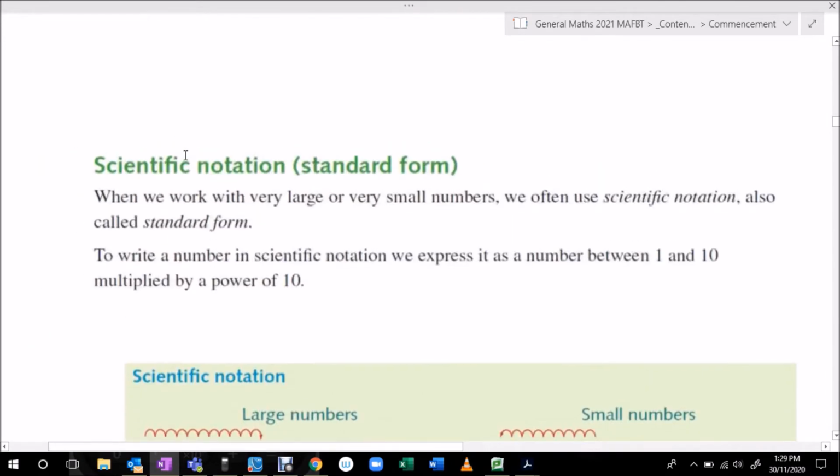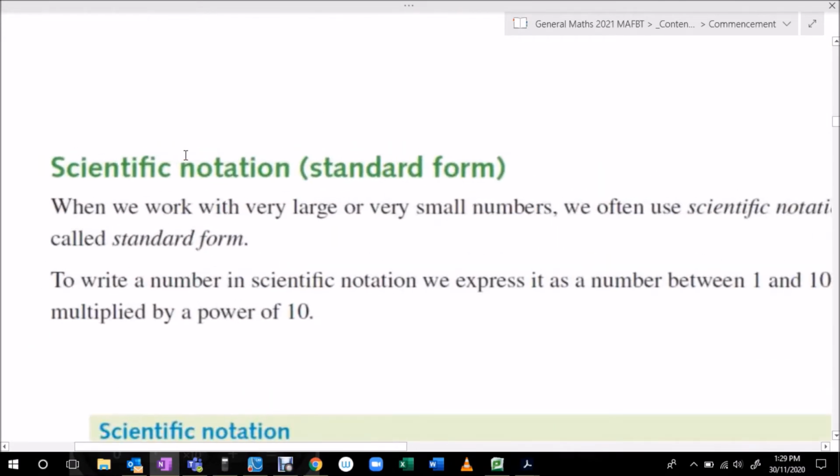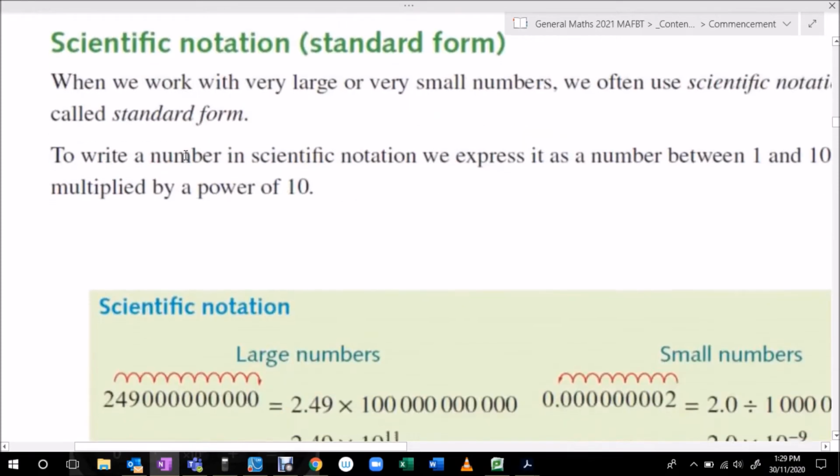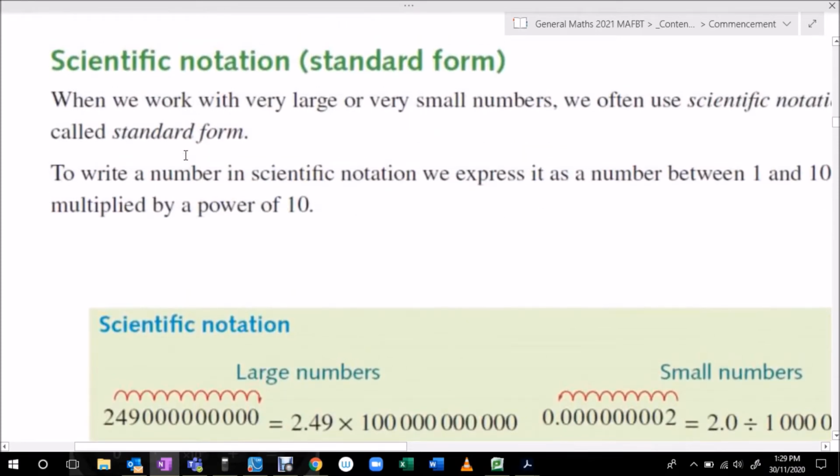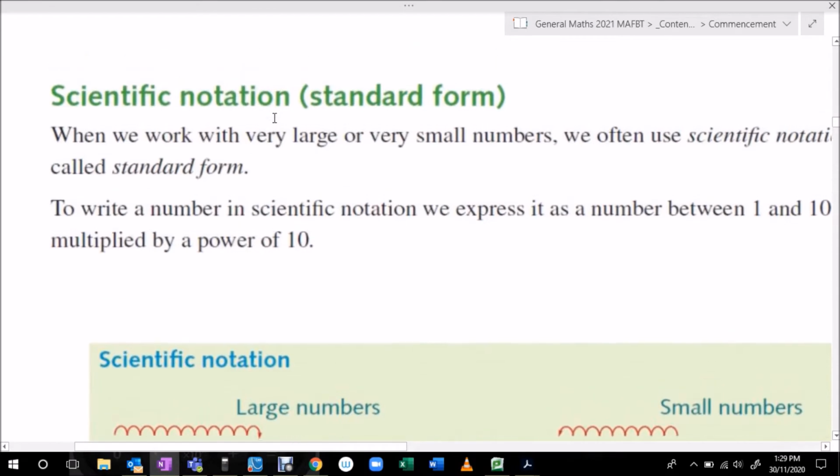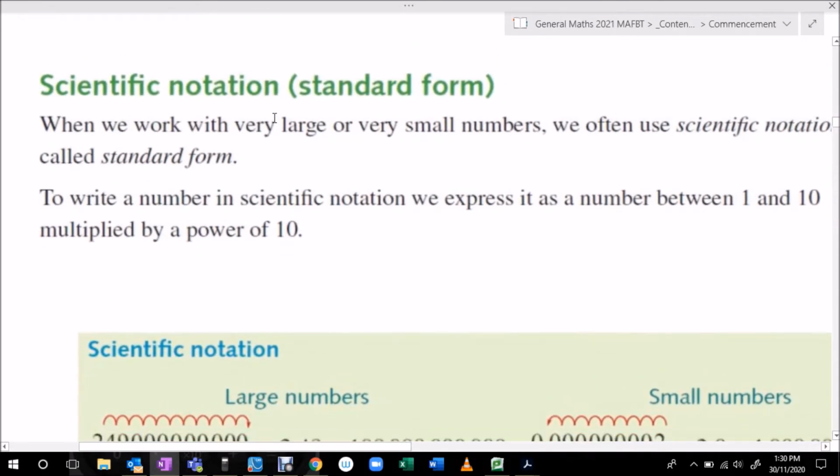Now, this is some of the year 11 content that you may not have done yet: standard form, or scientific notation. You don't really do a lot of this in year 11, it's more in year 12, but you will come across it.